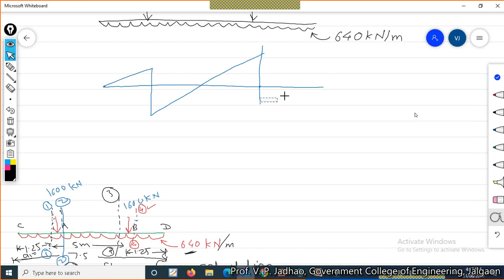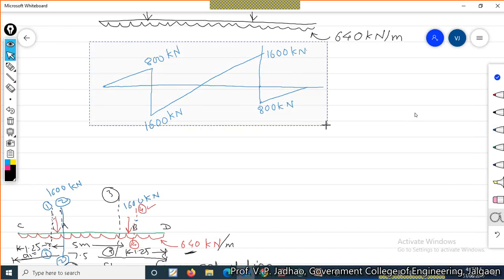So join these lines. We have here 1600 and 800 kilonewton. Just a minute, I'll redraw this because we won't have space for drawing the bending moment diagram.